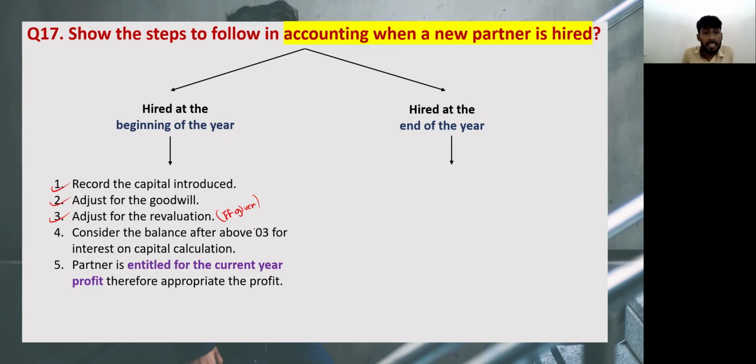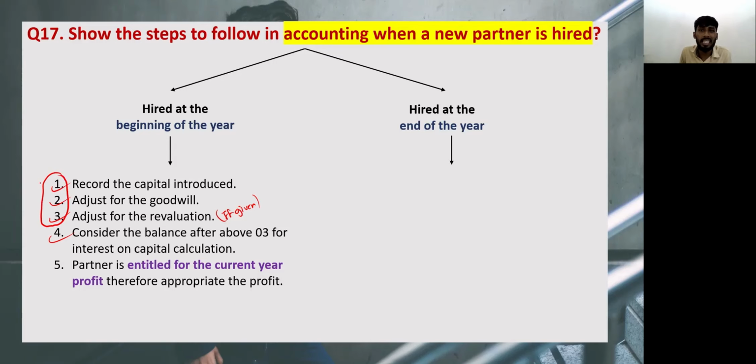Then consider the balance after these 3 adjustments for the interest on capital calculations. Yes, the profit needs to be appropriated to the new partner because he is hired at the beginning. When appropriating the profit, we need to get the interest on capital. To get that, we need the capital balance after these 3 adjustments.